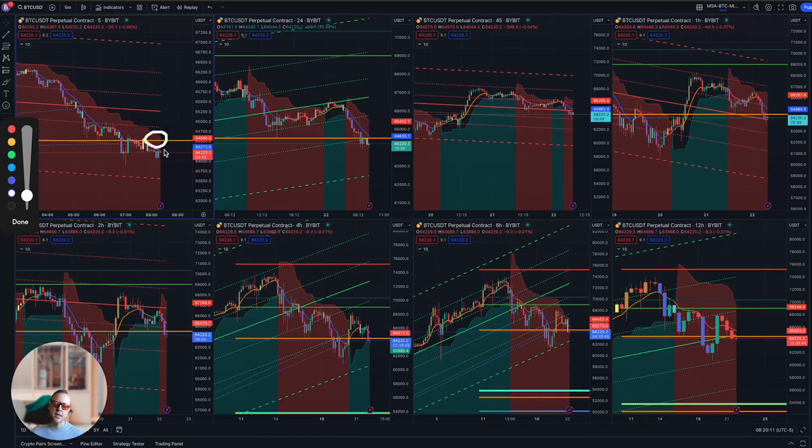But you also want to acknowledge that the 5-minute volatility cloud statistically is more likely to be broken sooner than if you happen to catch a 6-hour or a 4-hour volatility cloud, right? So one of the things that I would probably look at as a bearish sign is if this volatility cloud begins to flash.